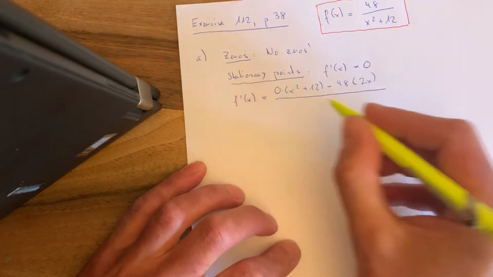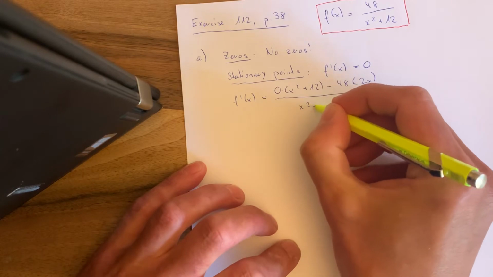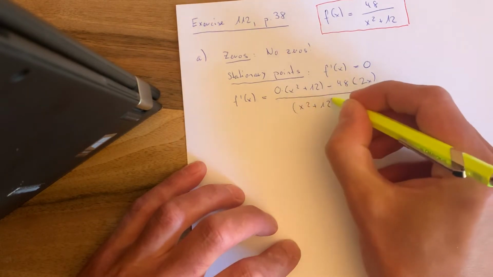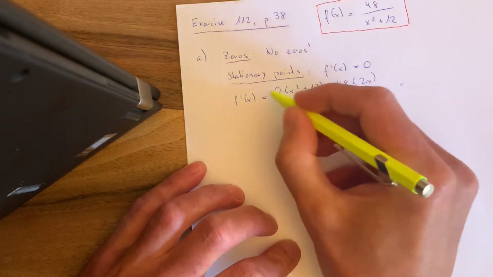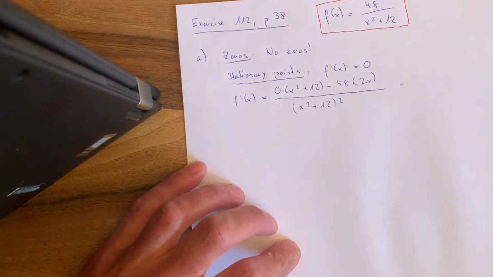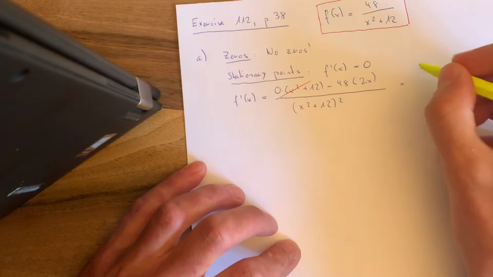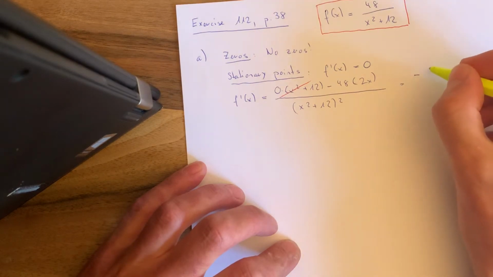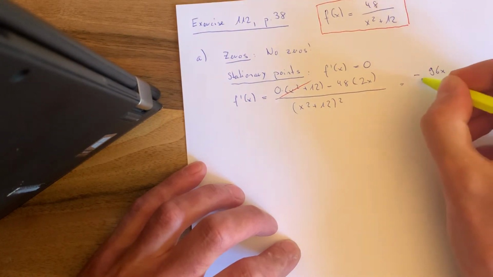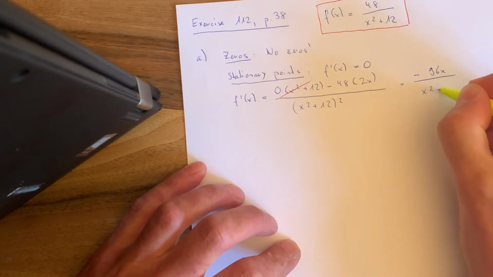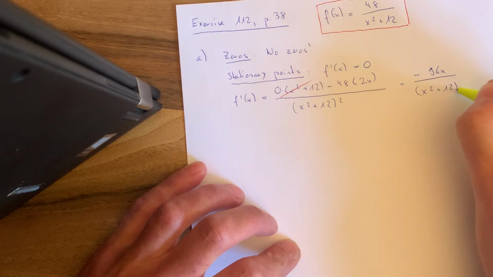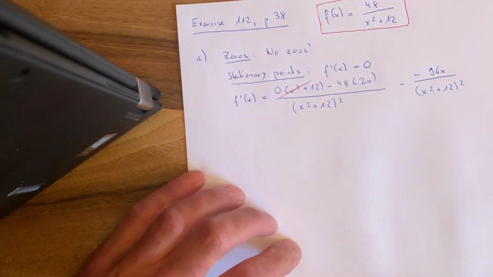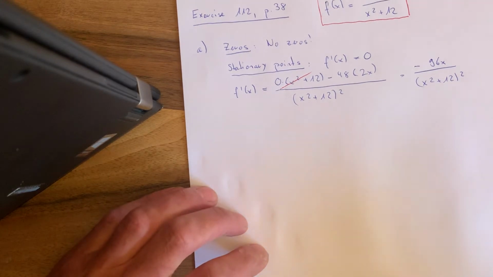The whole thing divided by the lower part squared. So we can simplify here a bit. I mean, this thing here is 0 times something, which is 0. Then we can here multiply, which leads to minus 96x divided by x squared plus 12, and the whole thing squared. So this is the first derivative.